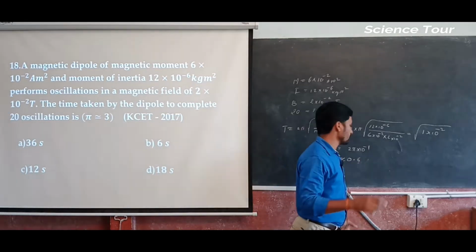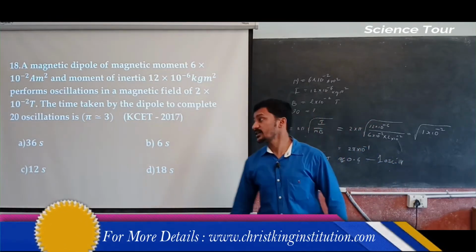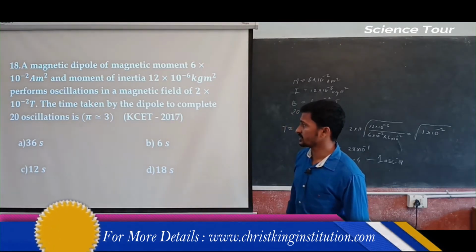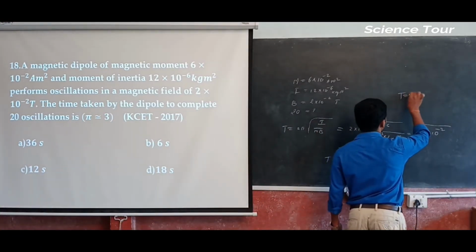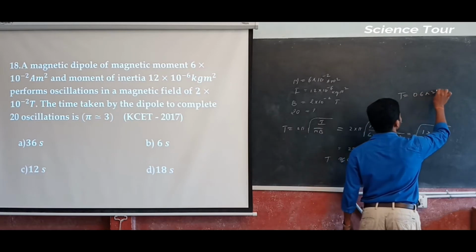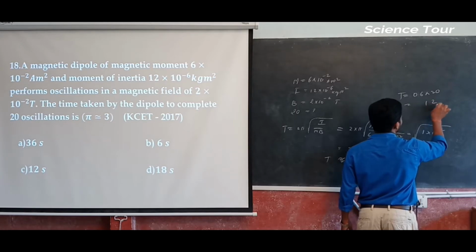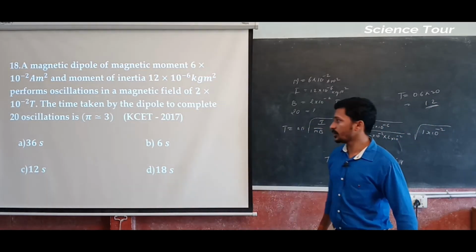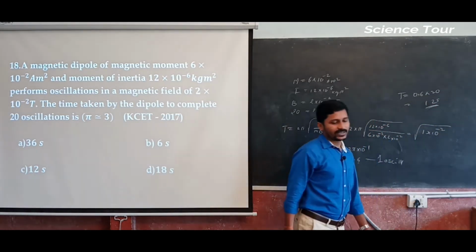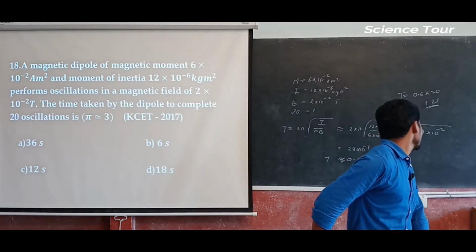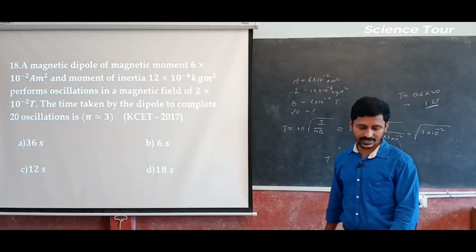That is the time period. Time period means what? That is for one oscillation. Now what is the question asked? Time period of 20 oscillations, that is T equal to 0.6 into 20, which is equal to 12 seconds, that is 0.6 into 20, okay. Did all of you get this answer?